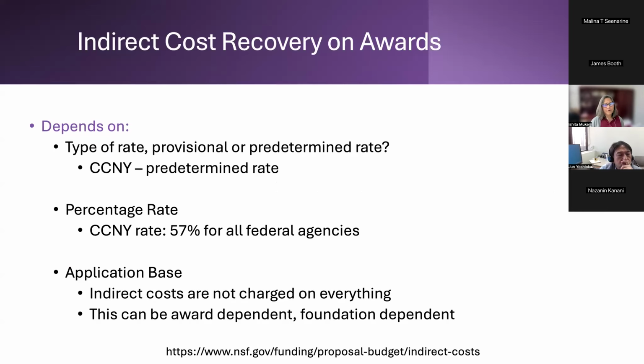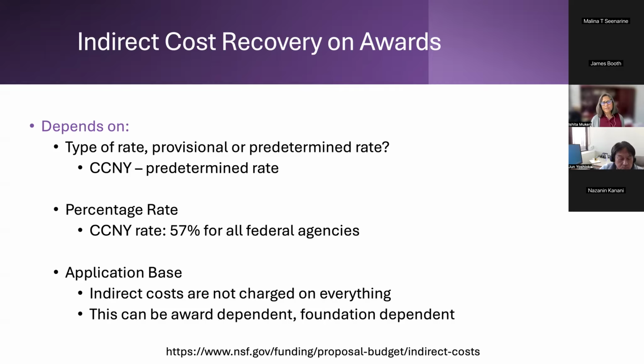One, of course, is it depends on the type of rate. Is it a provisional or a determined rate? Here at City College of New York, we have a predetermined rate. So that is something that was negotiated with the federal agency. Typically, these rates are negotiated with the agency or the department or the division that gives us the most funding.